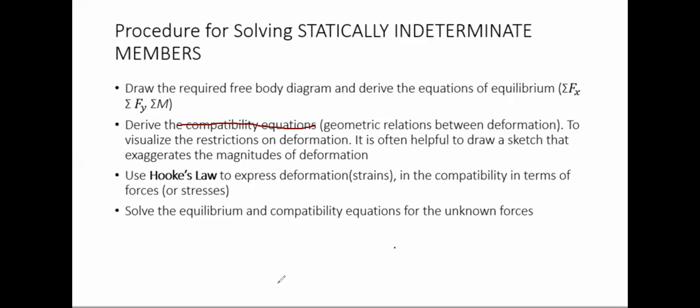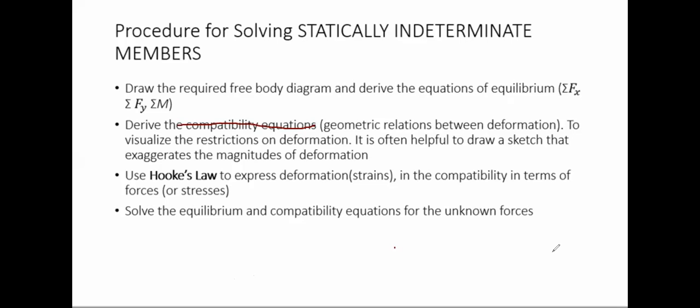Hindi pwedeng magkaiba yung deformation nila. Ipapakita ko sa mga sample problems mamaya kung ano tinutukoy ko. Okay? So, mostly, yung length niya, of course, equal din. And of course, yung deformation, both of them is equal. So, once na equal yung deformation, both side, both material, we can cancel it out na.